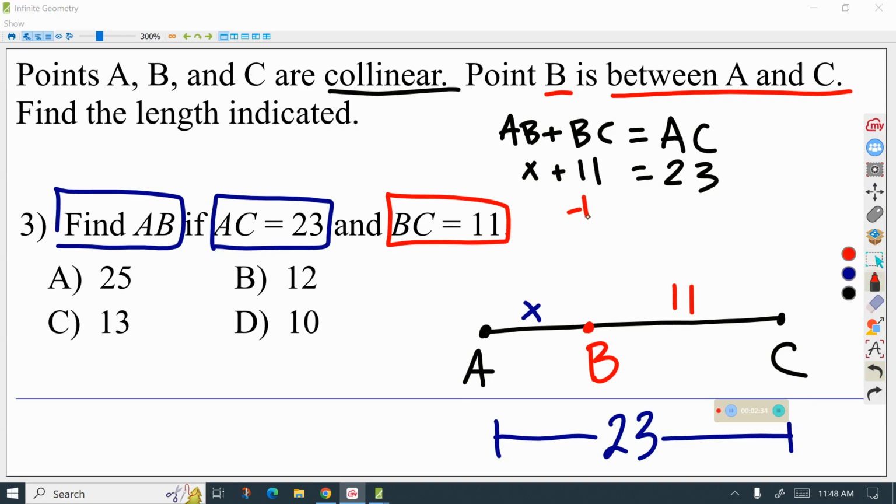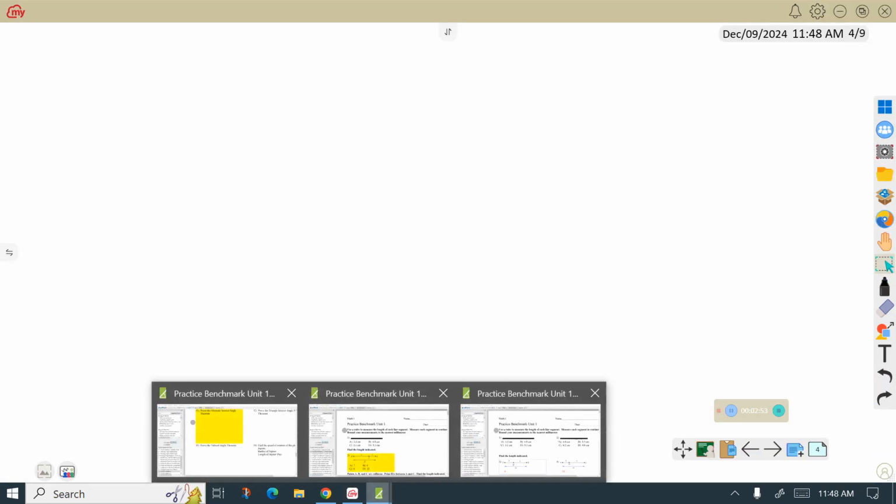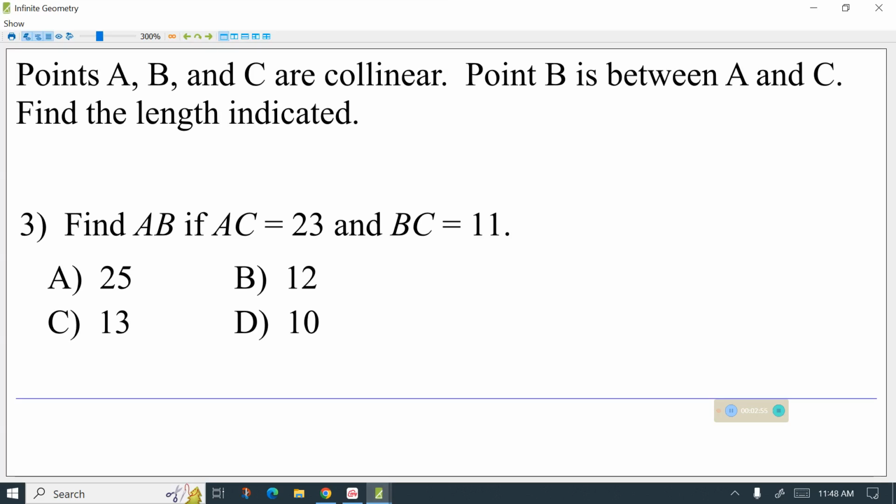So X is equal to 12, which is our final answer, okay? And then we can go label our picture, and we could think about whether or not this makes sense. Does this make sense? 12 plus 11 is 23? That makes perfect sense, right? So again, this problem shouldn't take too long. I don't want to focus on it for too much time, but you should maybe draw a picture if you're a little stuck there.